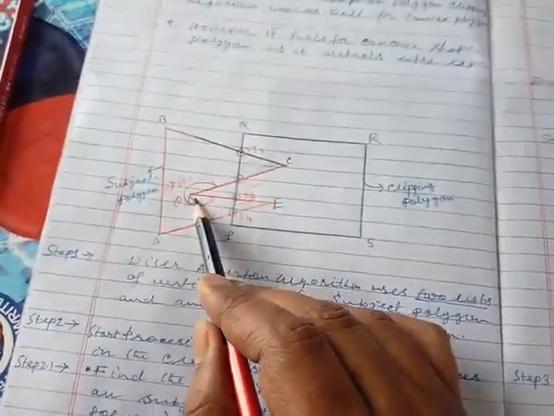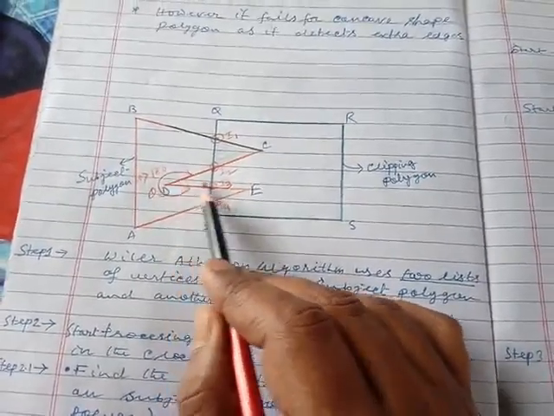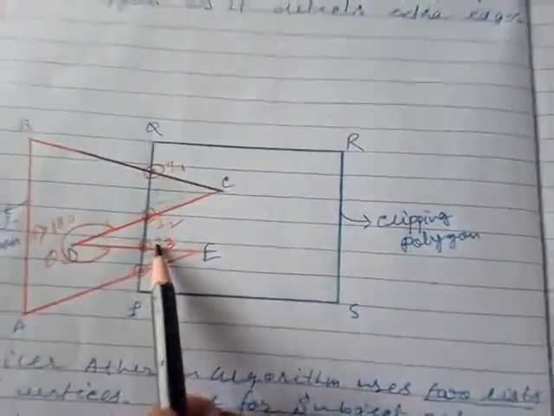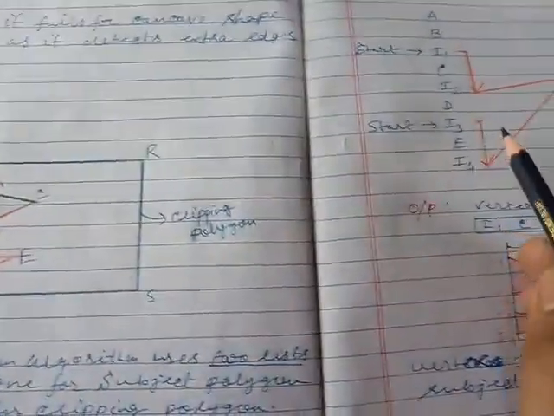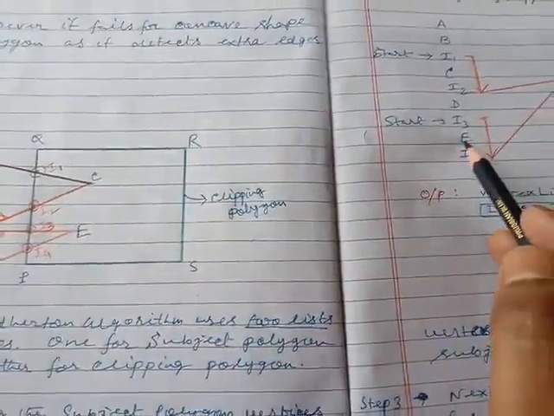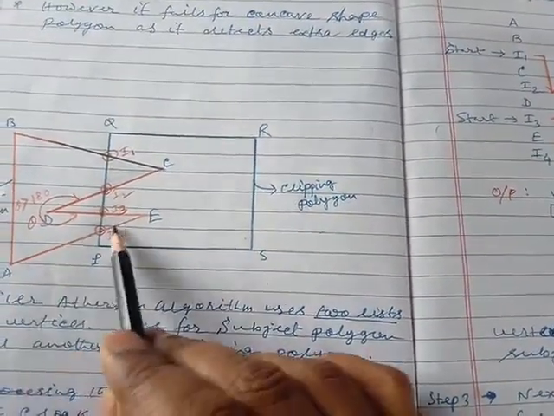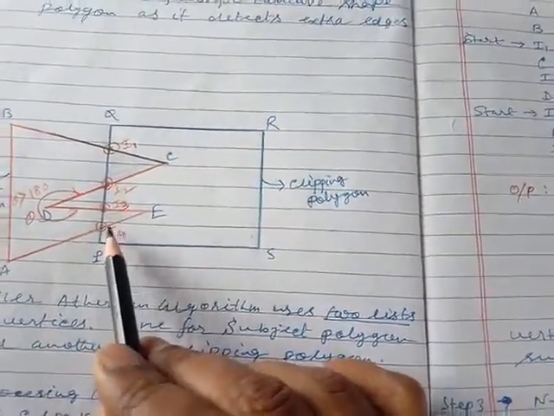Then we will get another intersecting point I3 in the list. So I3 will be included in the list. Okay, then we will get vertex E. Then again in the cyclic order we reach the intersecting point I4.